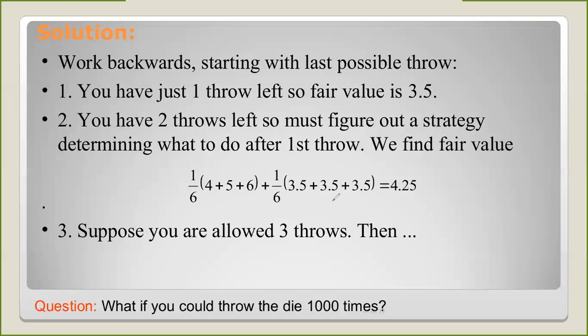If we continue the game, the mathematical expectation will be 3.5. We continue the game if you see one, two, or three on the die.